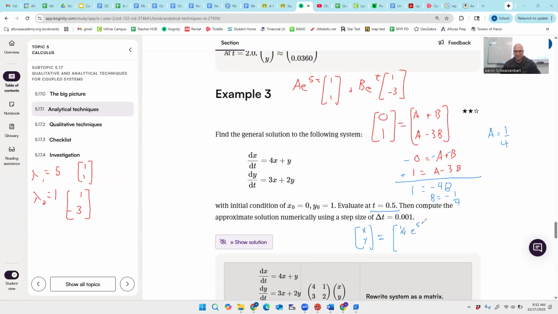E to the 5 times 0.5. B is negative 1/4. I don't know why I keep writing 0.2.